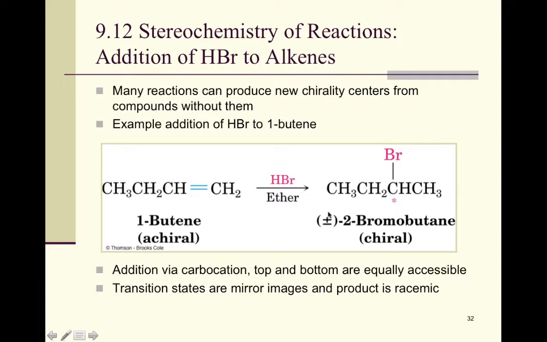We get a racemic mixture, we get both, that's why there's a plus and minus here. So the name of this compound would be plus-minus 2-bromobutane, 2 because bromo is coming off carbon number 2. The reason we get both the plus and the minus version is because this reaction happens via a carbocation, where both the top and the bottom, when the carbocation is formed, are equally accessible. The transition states are mirror images, and the product is racemic.